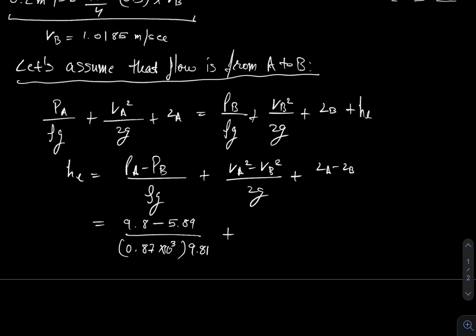Plus VA square minus VB square. What is VA? 6.366 square, minus, what is VB? 1.0185 square, divided by 2g, which is 2 into 9.81. Plus ZA minus ZB. Now keep in mind, here ZA minus ZB is given, not ZB minus ZA.